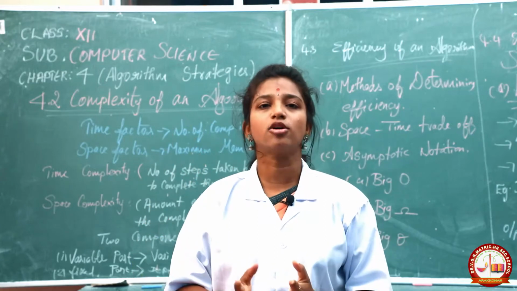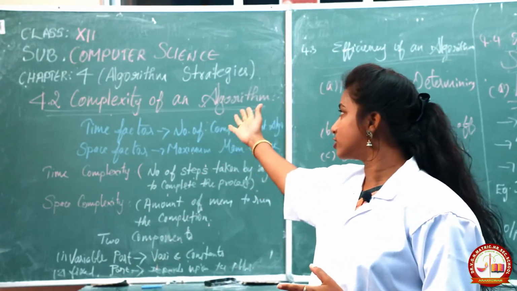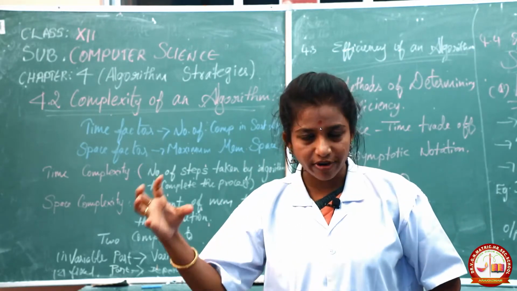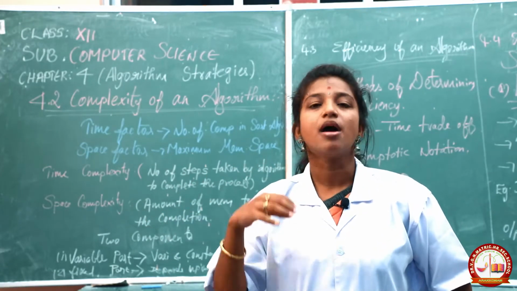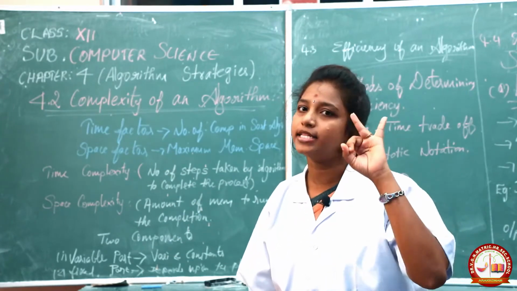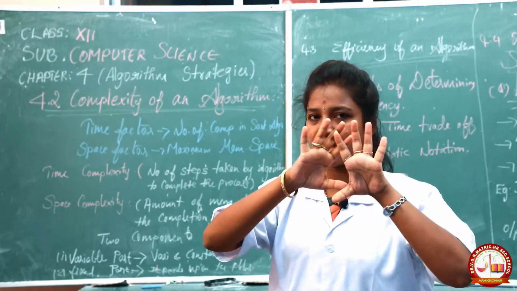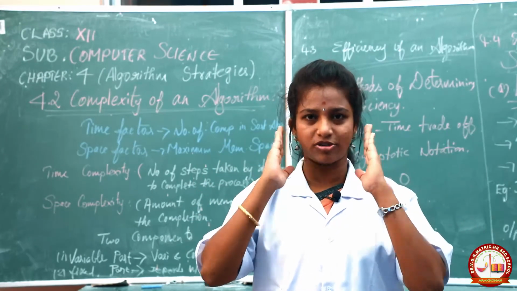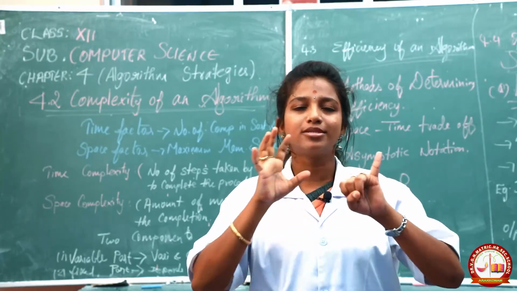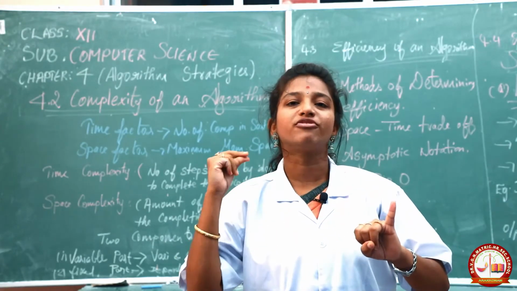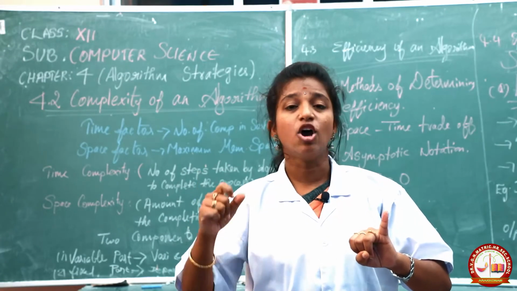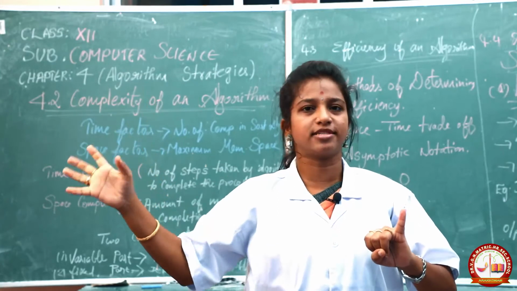These are the things involved in the concept of complexity of an algorithm. Normally we calculate the complexity of an algorithm using these concepts only. Number one is time complexity, which defines how much time is required to complete the algorithm and its steps.